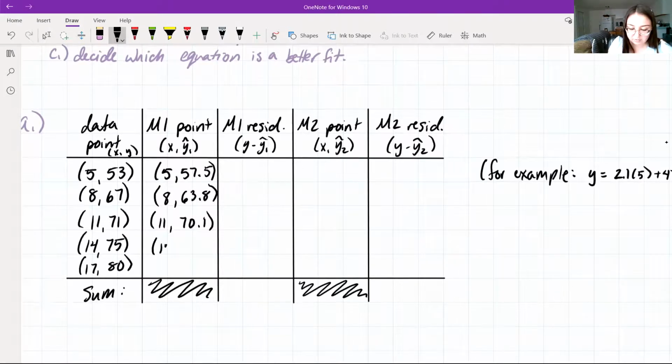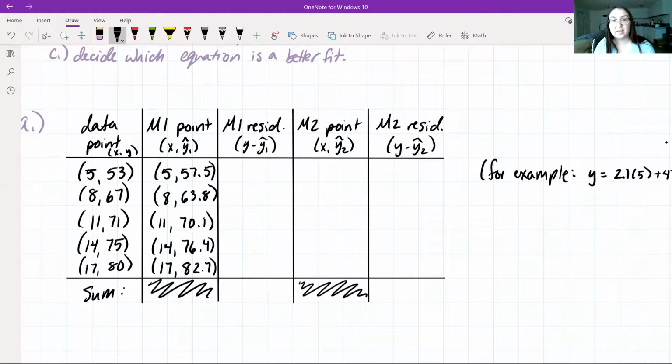Then moving on to 14, we get 14 and 76.4. Then for our last value, 17, we get 17 and 82.7.